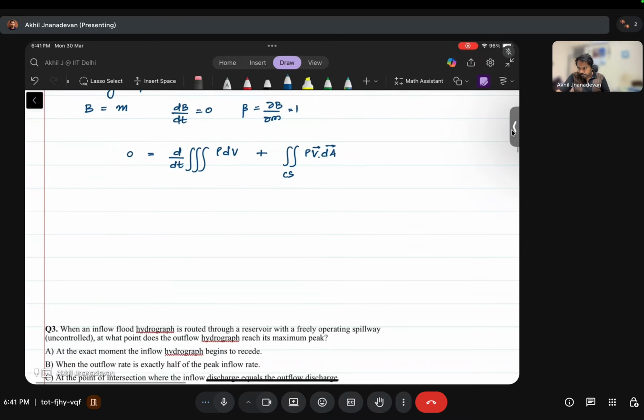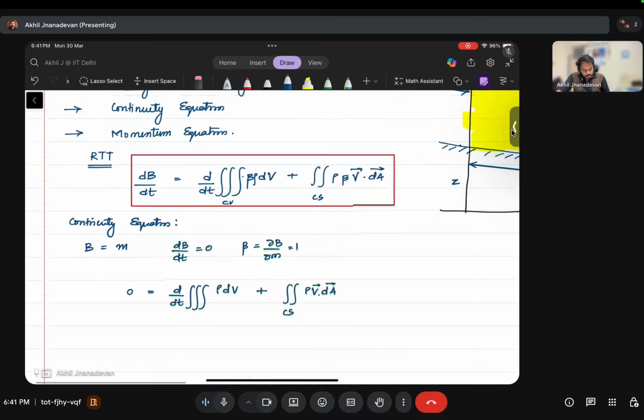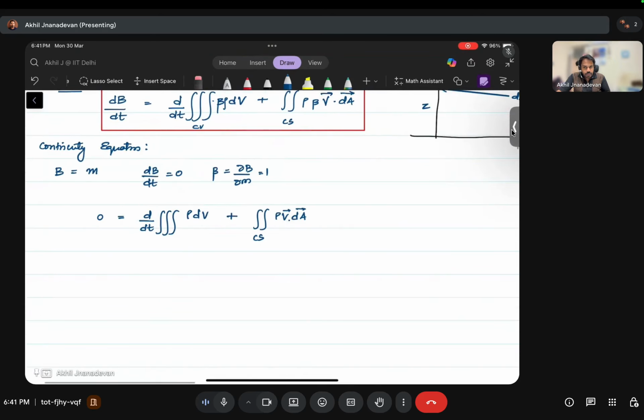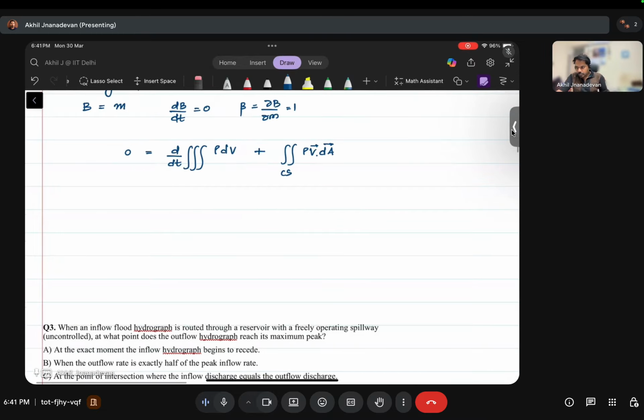Then, when we further substitute these values for the control volume, if we consider it prismatic, then dV can be equal to dA into height, right? If you do those simplifications, finally we get the continuity equation. Ma'am has given the detailed derivation in the lecture.